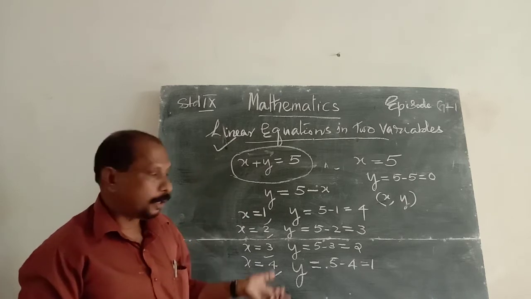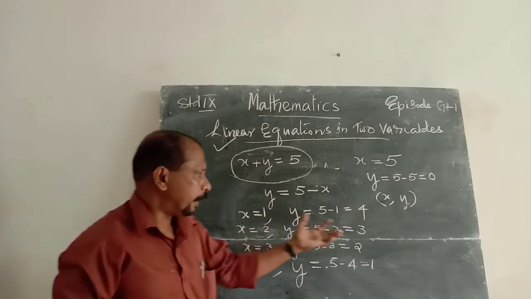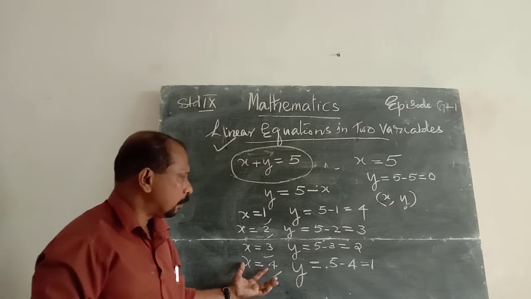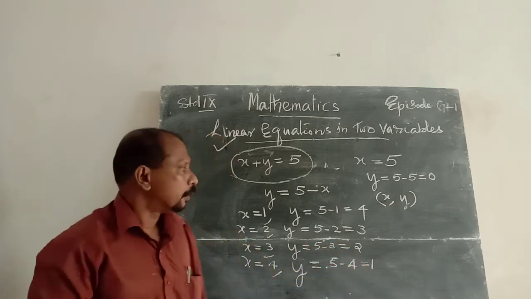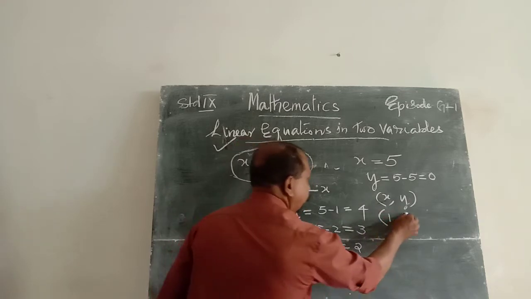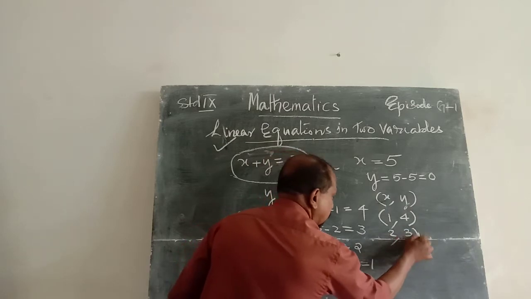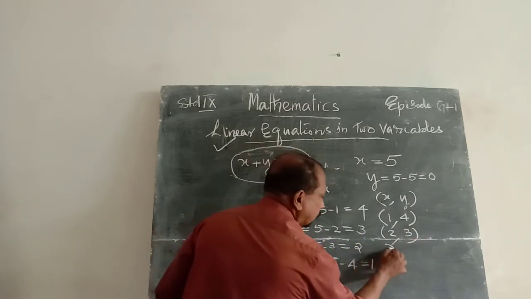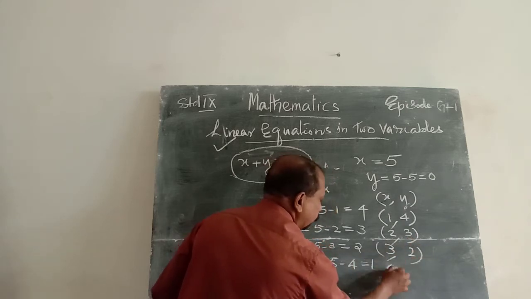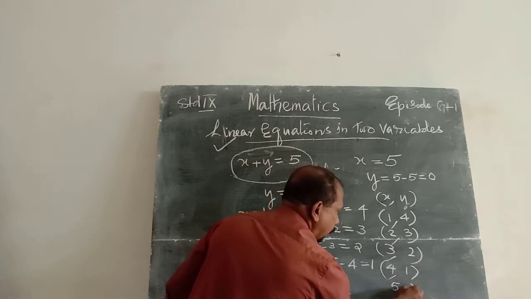For example, x is equal to 1, y is equal to 4; x is equal to 2, y is equal to 3; x is equal to 3, y is equal to 2; x is equal to 4, y is equal to 1, etc. Therefore, the first one is 1, 4, the second one is 2, 3, the third one is 3, 2, the fourth one is 4, 1, and the next one is 5, 0.